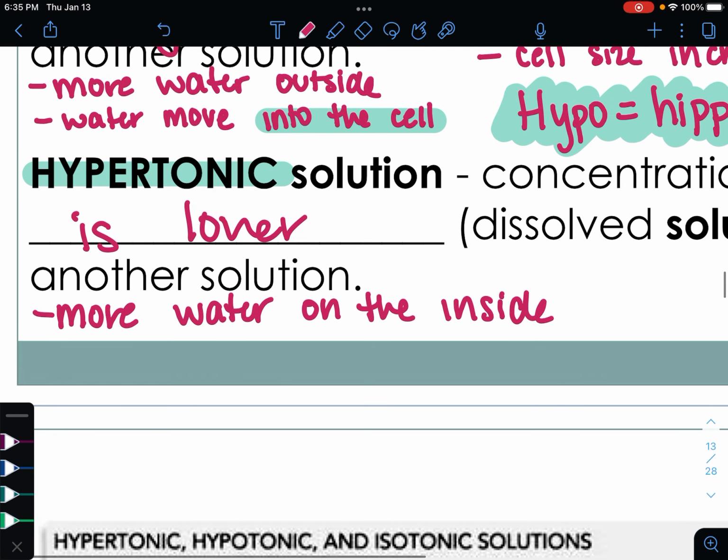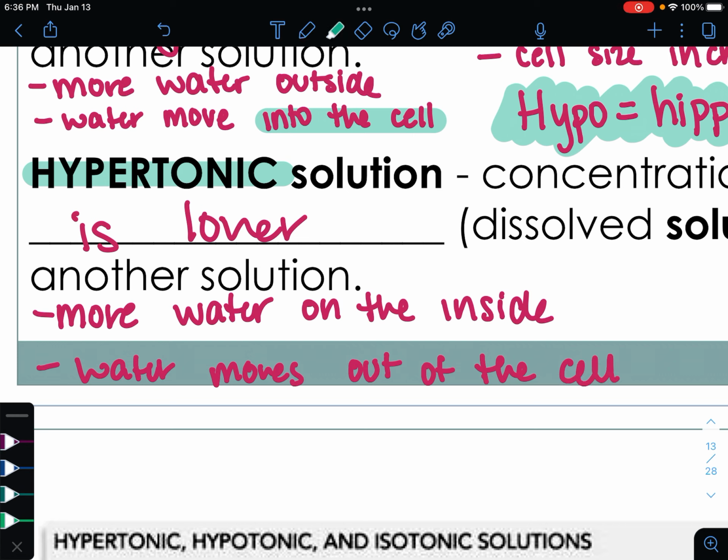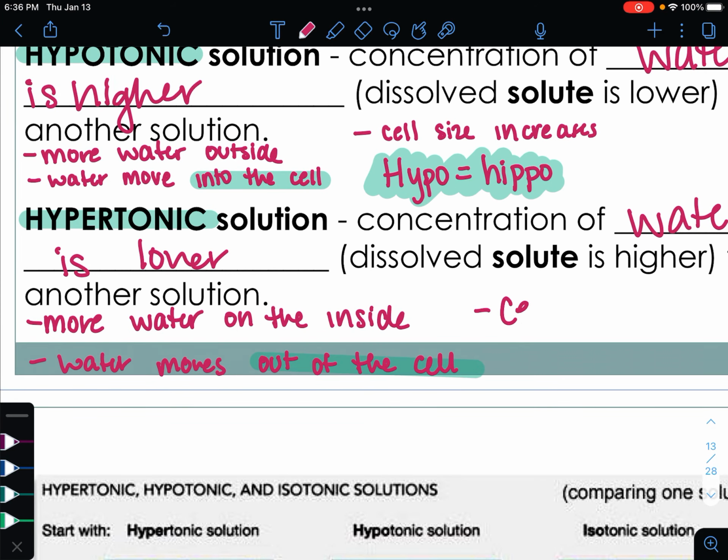Okay, and if this is going to happen, since we move from high to low, that means the water moves out of the cell. Okay, and if our cell is losing water, that means our cell is going to shrink.